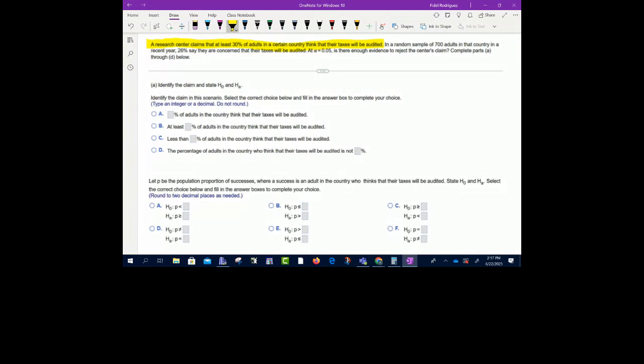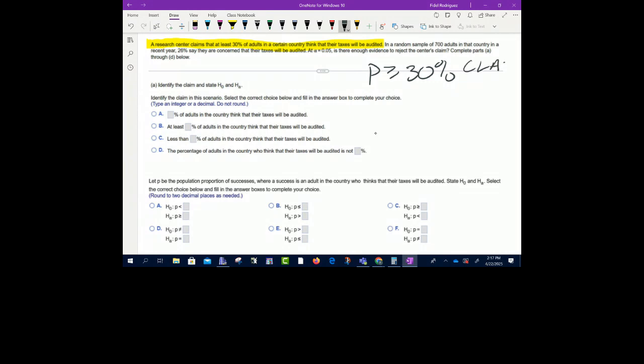Okay, so the first sentence here says, a research center claims that at least 30% of adults in a certain country think their taxes will be audited. So we're talking about a percentage. At least 30%. Remember what at least 30% means, y'all? It means 30% or more, right?